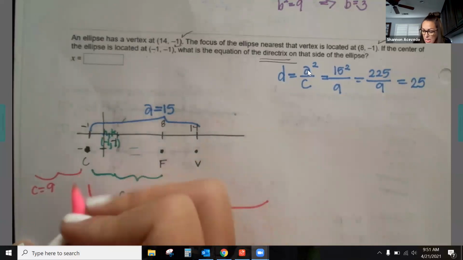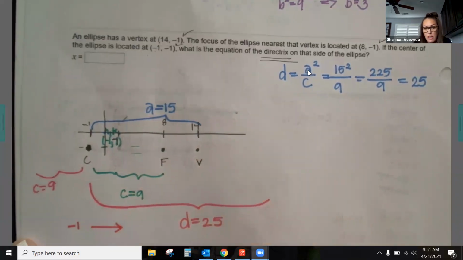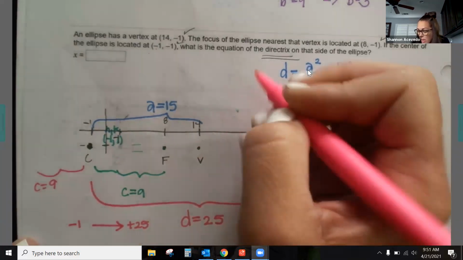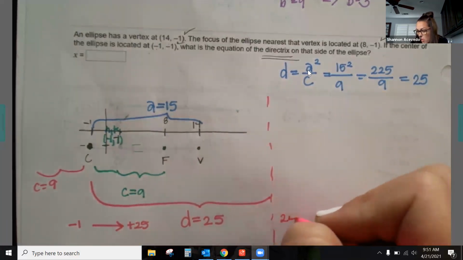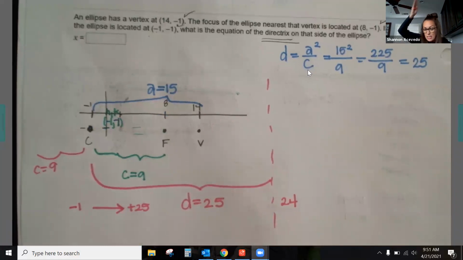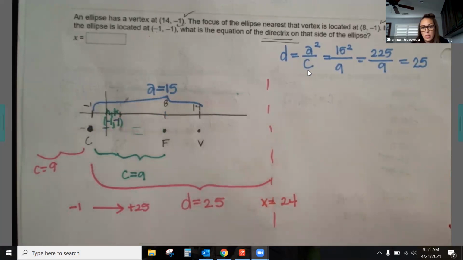So if I'm here at -1 and I want to go this direction 25, I want to add 25 to that. That's going to put my directrix here at 24, right? And if it's 24 and it's going through the x-axis, it has to be at x is equal to 24.